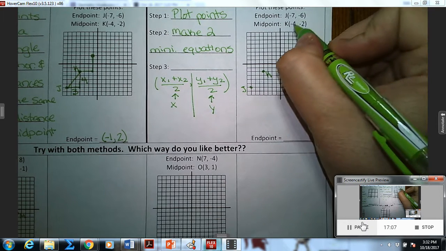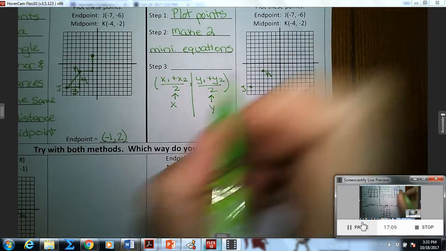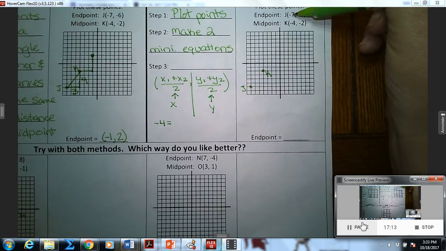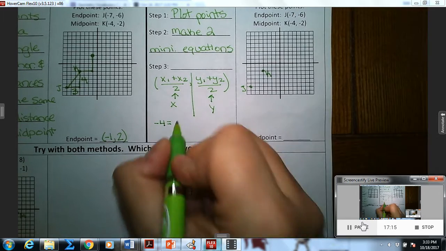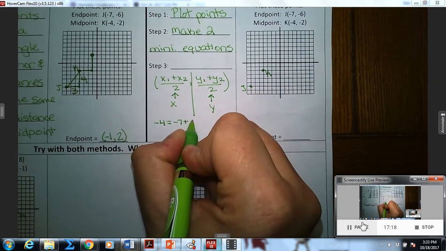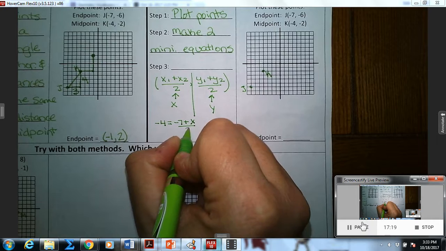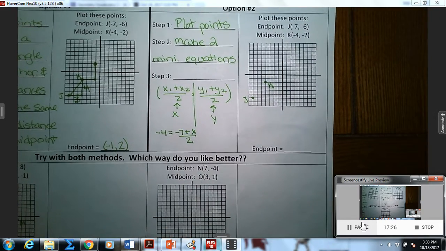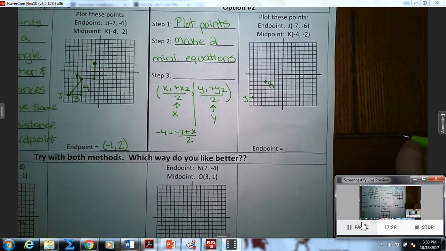I know that the x value of the midpoint is negative 4. I know that one of the endpoints is negative 7. And I am trying to solve for the second x value. So this is my first miniature equation for the x's. My second miniature equation is going to be all about the y's.